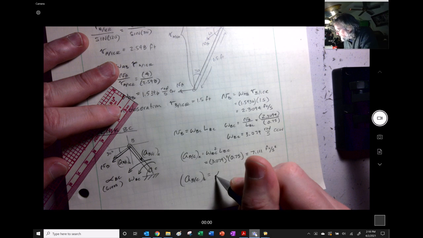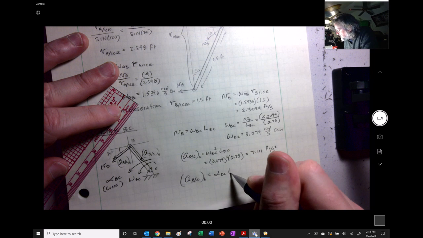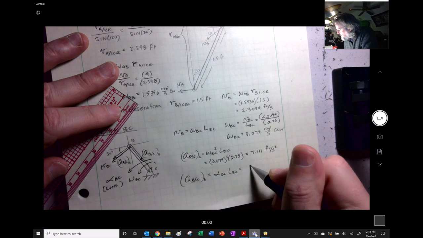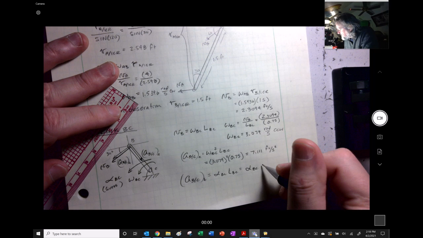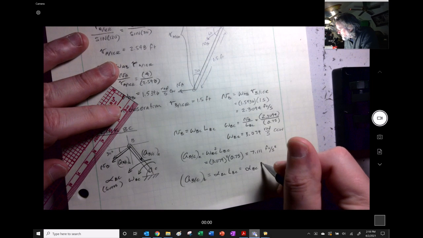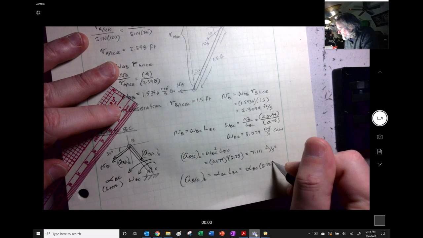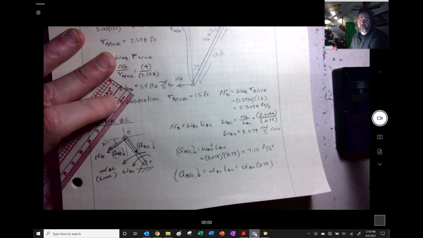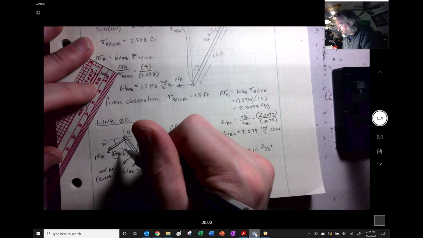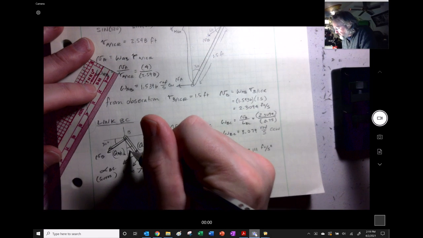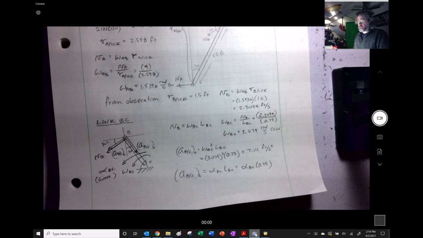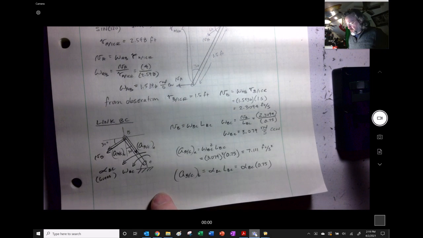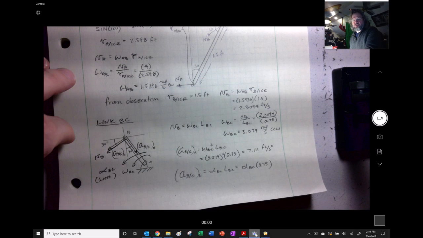And that's going to be alpha BC times L BC, so alpha BC times 0.75. Now this is 30 degrees as well. I don't quite have enough room to write this out, so I'm going to start on the next page.